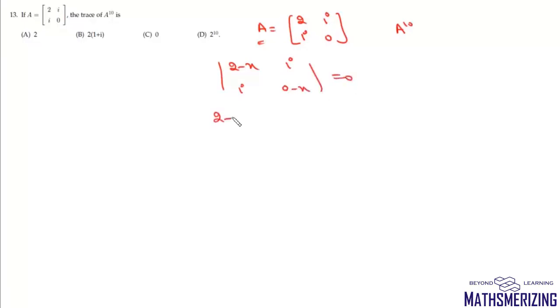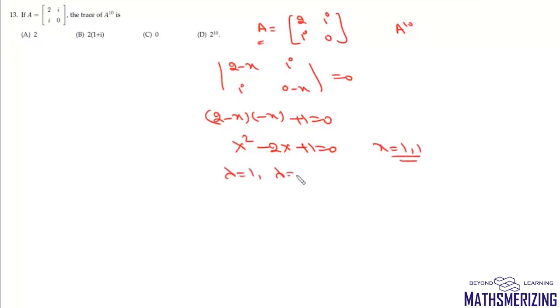So we'll write 2 minus x into minus x and then minus plus 1 equals to 0. So we'll get this as x square minus 2x plus 1 equals to 0. So the value of x is 1 and 1. So the 2 eigenvalues for this matrix will be 1 and 1.